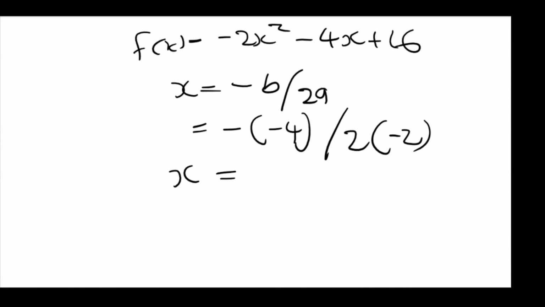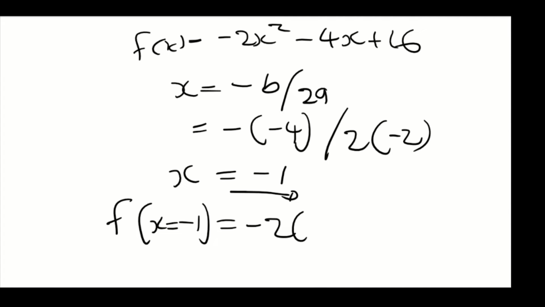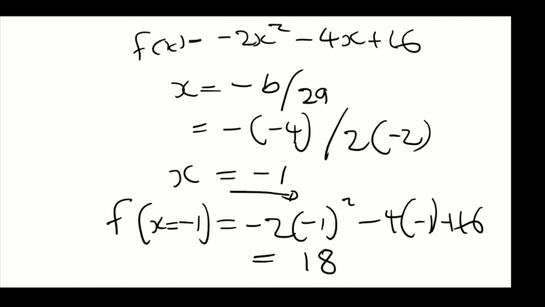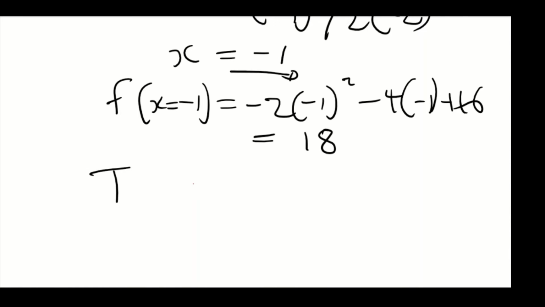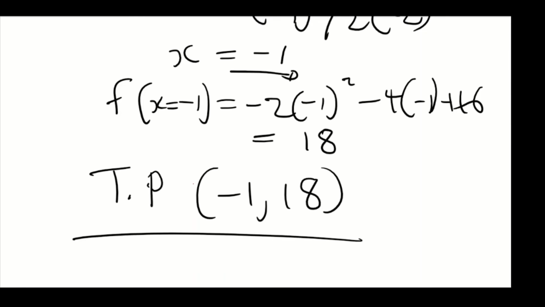So your x value of the turning point will be minus 1, and then you substitute that x value of minus 1 into your original equation: minus 2 into minus 1 squared minus 4 into minus 1 plus 16. You should get a value of 18. So this means your turning point is minus 1 and 18.